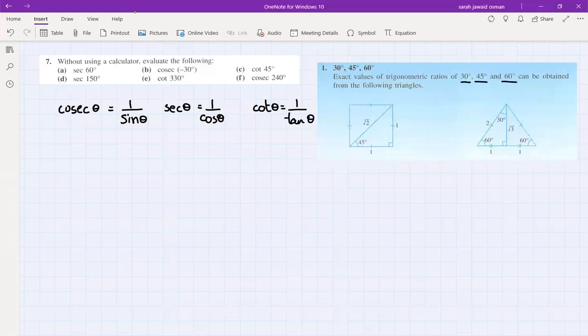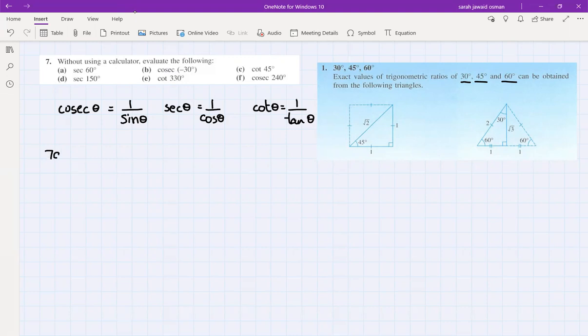So after we've recalled our basics and we have this picture here which is going to help us to find out the basic trigonometric ratios of 45 degrees, 30 degrees, and 60 degrees, we are now going to start working on these different problems.